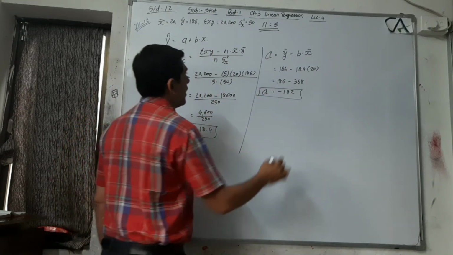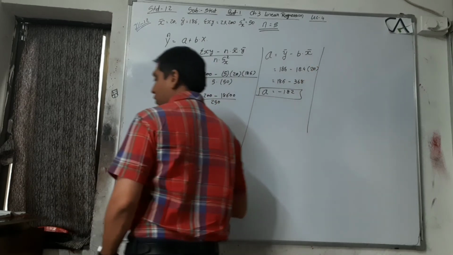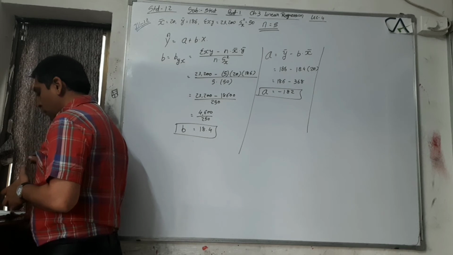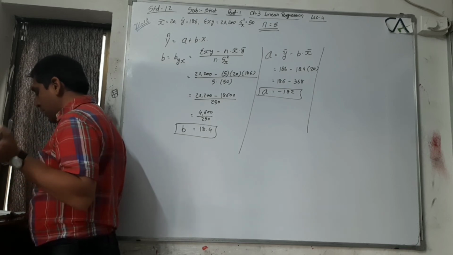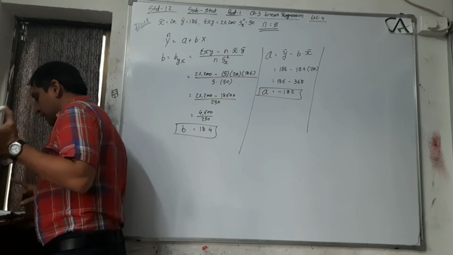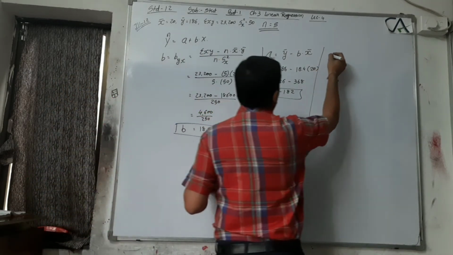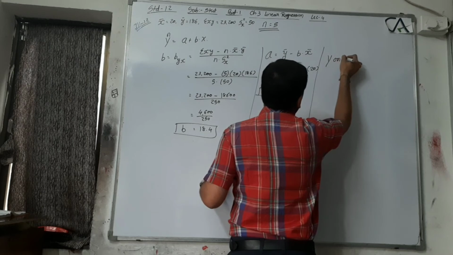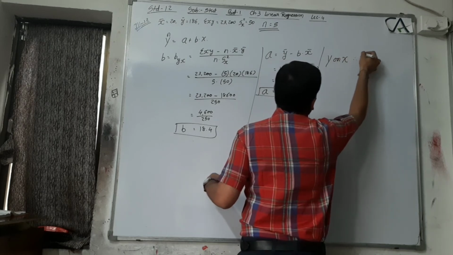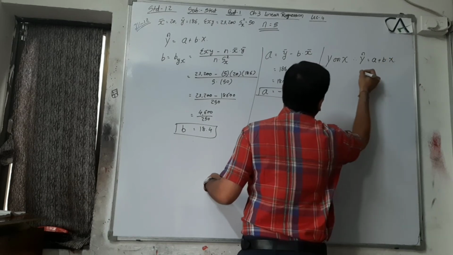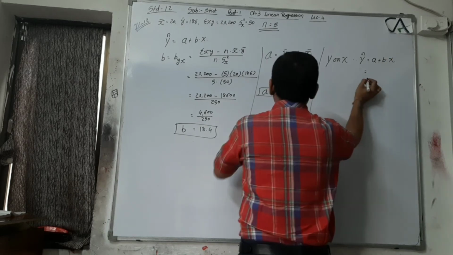Two answers are here. What is the main question? Read the last line. Obtain the regression line of the electricity generation, that is y, on the velocity of wind, that is x. First of all, we have to find out the y on x. That is y cap is equal to what?